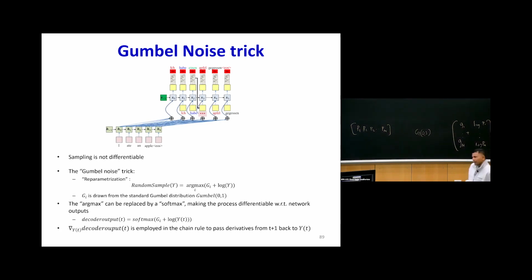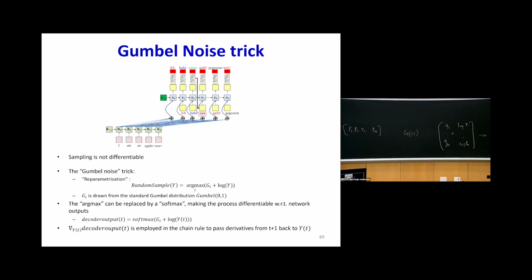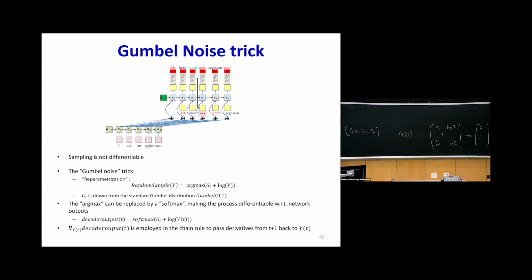You can just put a softmax on it, right? So it's not going to make it a hard one-hot vector, but it's going to make it a soft one-hot vector. And so now that soft one-hot vector can be used instead of the one-hot vector on the input, and now derivatives can be passed backwards. So that's a trick which allows you to differentiate through a sampling process.